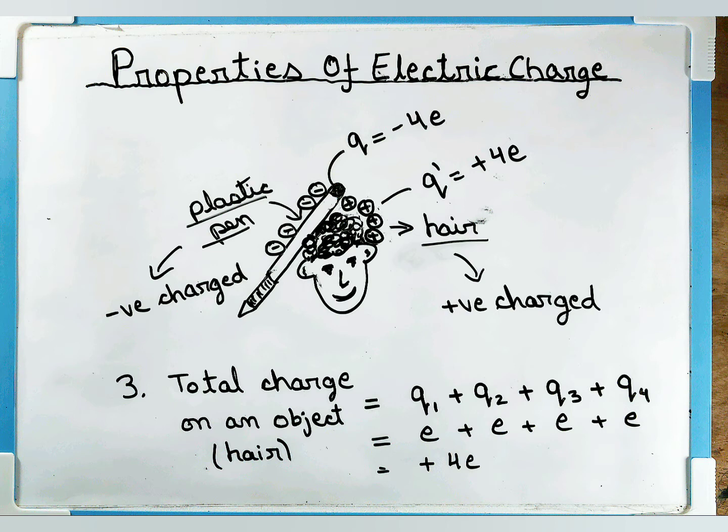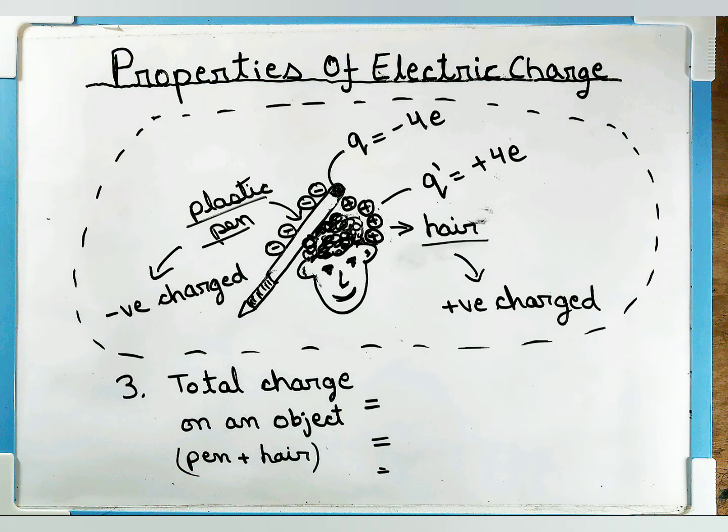Again here, for example, let us take this system. We select this system, which is a plastic pen and a hair. Now again here, what's the charge on the pen? Minus 4e. Charge on the hair, plus 4e. Now the charge on this system which I've selected, the pen and hair, is equal to, say, Q plus Q dash.